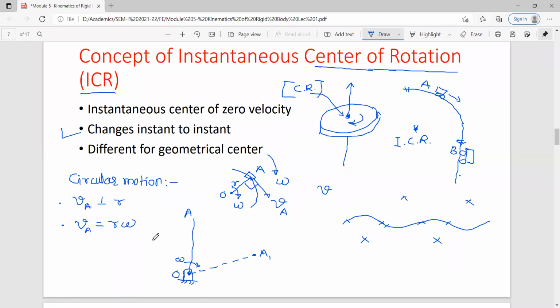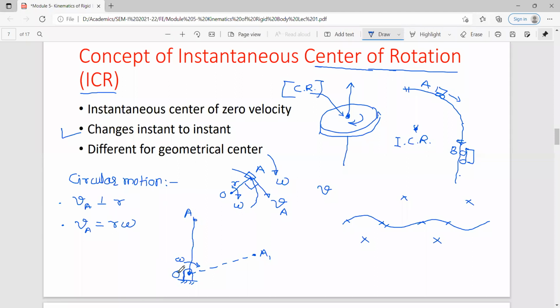Obviously you see that rod OA is turning, meaning it is rotating about point O. You will say that point O is the center of rotation.